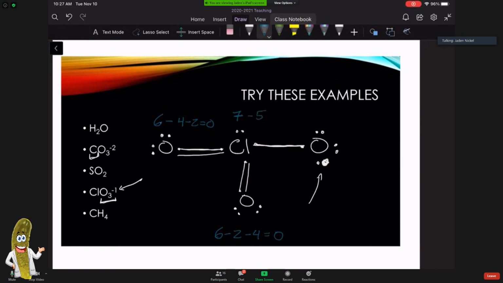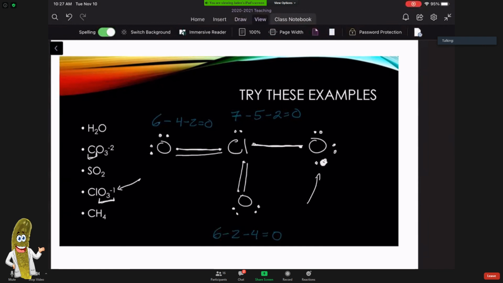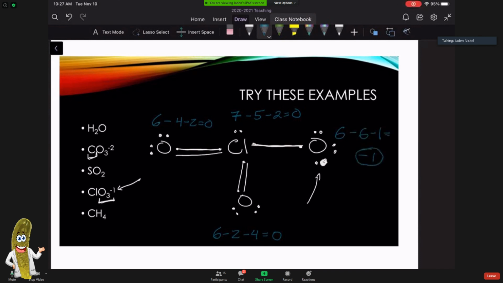I have 5 bonds on it and 2 electrons on it. So I know that that one's also 0. And then if I look at the oxygen, valence number of 6, there are 6 dots, 1 line, so I know that this will be a -1. And if we get that -1, then we know that we've drawn it correctly. We have zeros everywhere except on that oxygen.